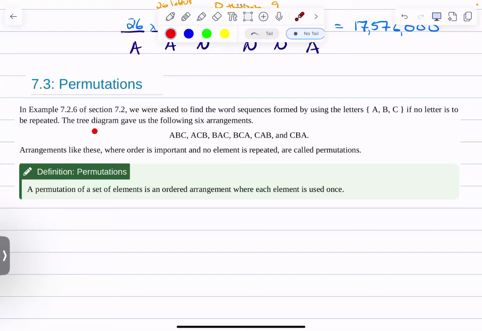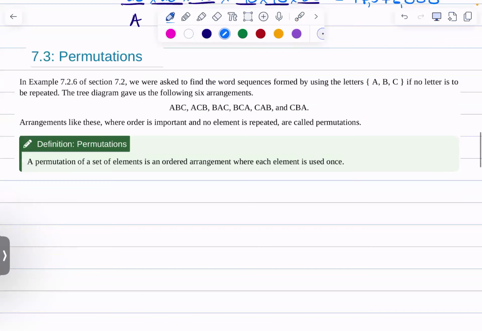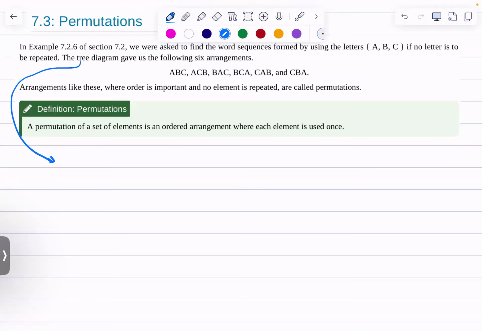You could make a tree diagram. Should we do it just for fun? Yes. Let's do it. We will see tree diagrams again in the next chapter, and so it's worthwhile talking about them. But in this case, I think the slots are a lot easier to think about.